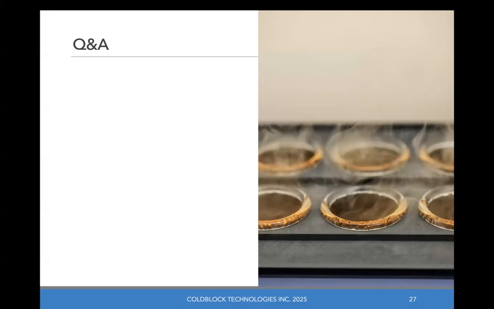And at the end of the 90 days, you can opt to either purchase the unit, enter into one of our subscription plans, which are very quickly growing in popularity, or return the unit, which we very rarely, if ever, see. But the 90-day trial is a great opportunity for your lab to bring a unit in and to give it a try.